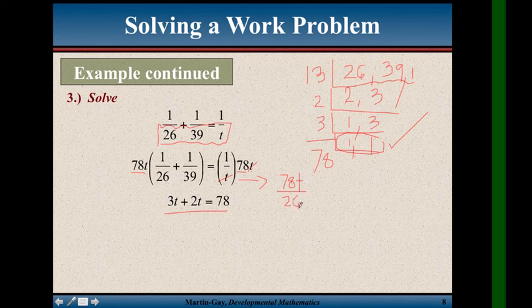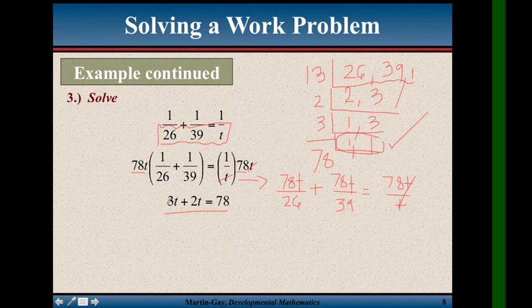Kumbaga, i-multiply natin siya sa 1 because 78T times 1 is 78T, plus 78T times 1 is 78T over 39, equals 78T over T. Alright, so this one, 78, divide mo siya ng 26 is 3, and then copy T. 78, divide mo siya ng 39 is 2, and then copy T, equals 78T divided by T, so we can cancel these 2. So, matitira 78. So, ganun lang siya. Okay?